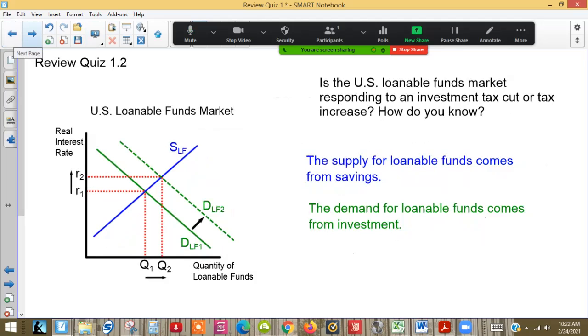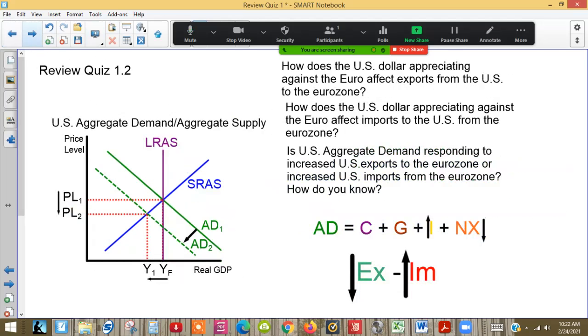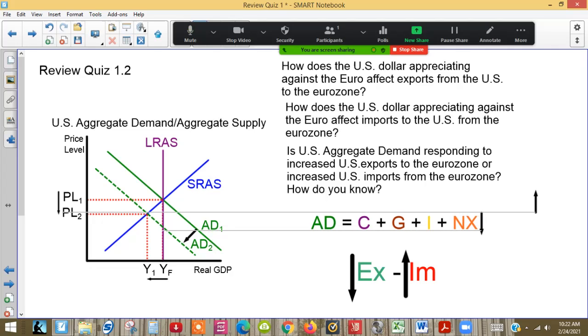But there's room here for a debate, so let's just take that out of it and isolate what would happen if the dollar appreciates against the euro: exports to the Eurozone become more expensive.